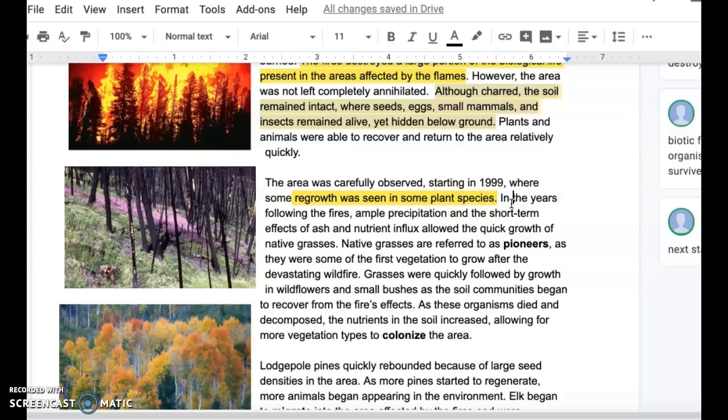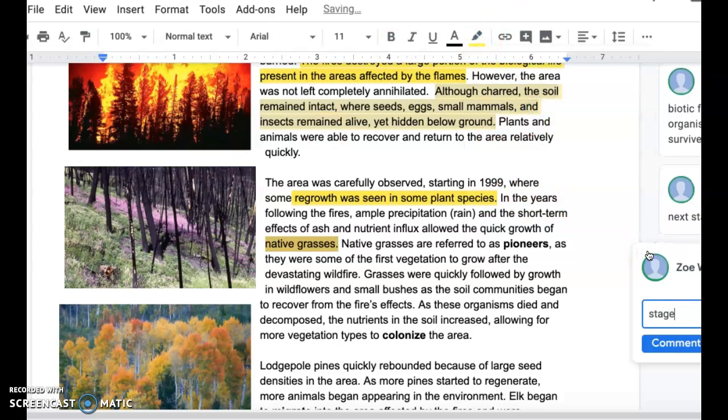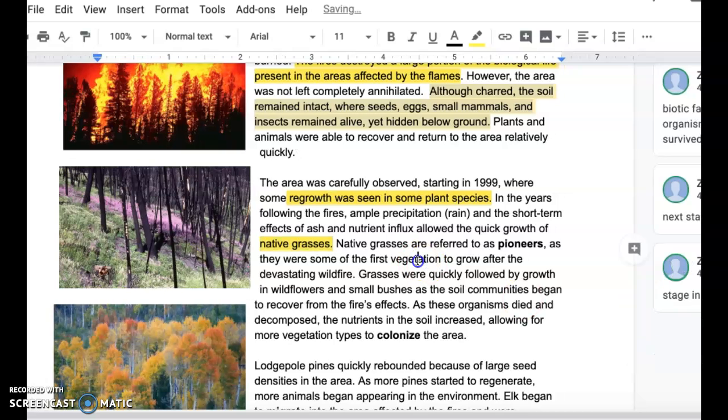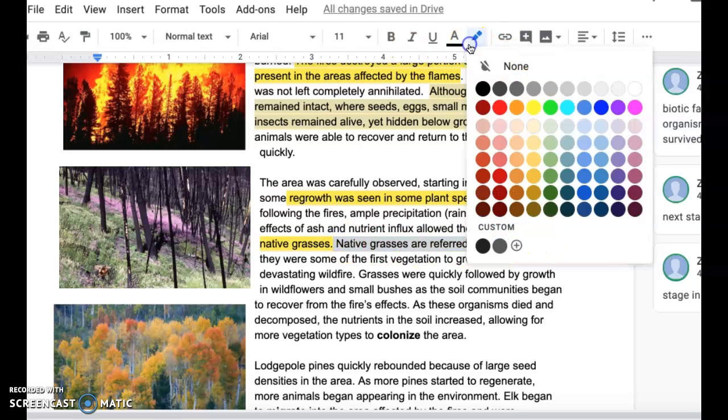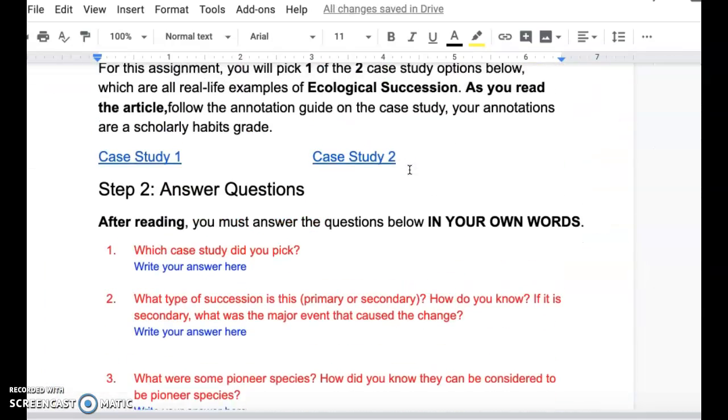Okay. In the years following the fires, ample precipitation, meaning rain, and the short-term effects of ash and nutrient influx allowed the quick growth of native grasses. There we go. Highlighting that because that's a stage in secondary succession. Native grasses are referred to as pioneers. So I'm going to highlight that and label it as pioneer species, because I remember that's one of the questions you have to answer.